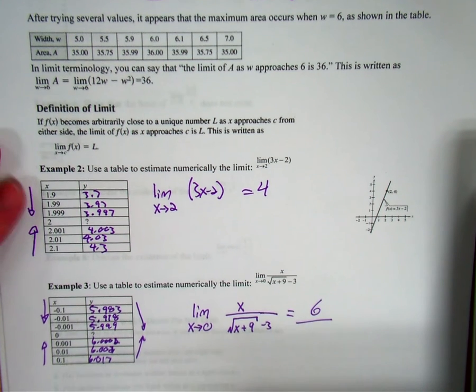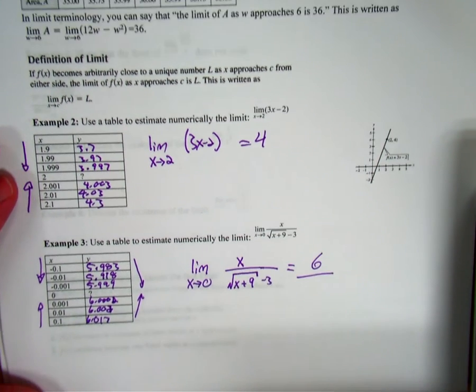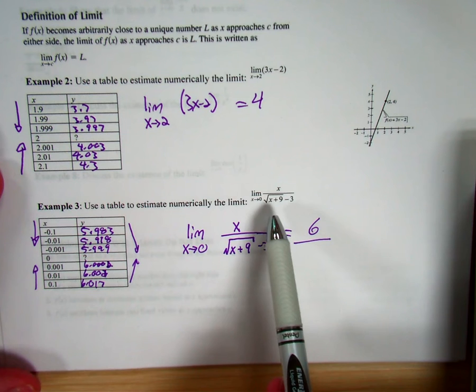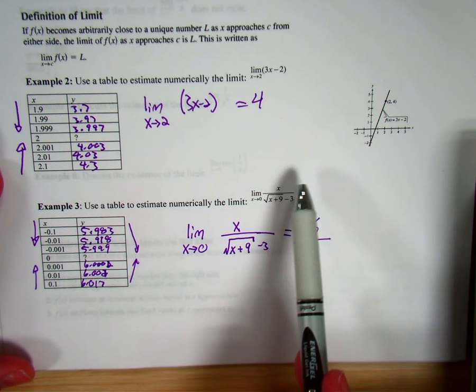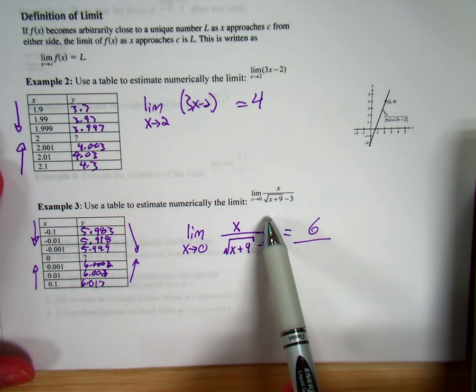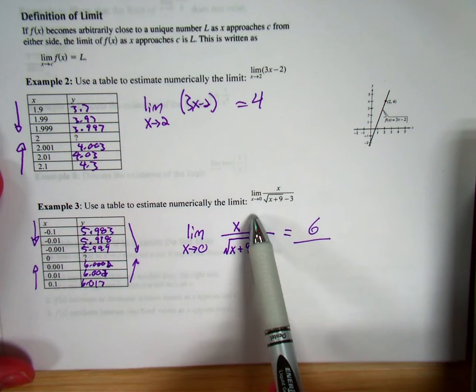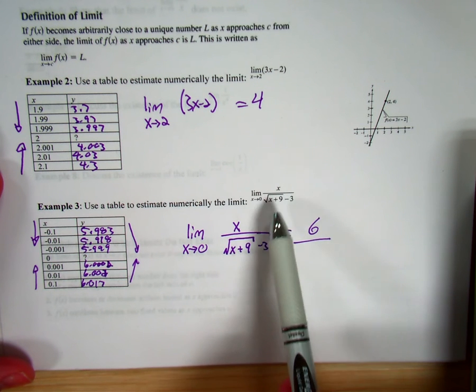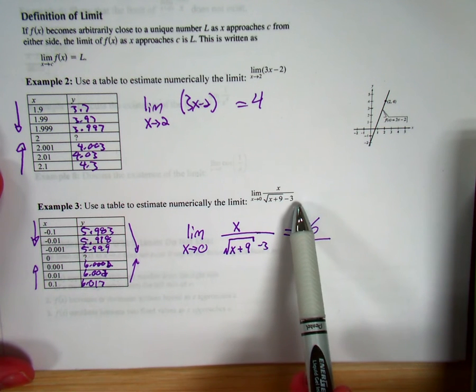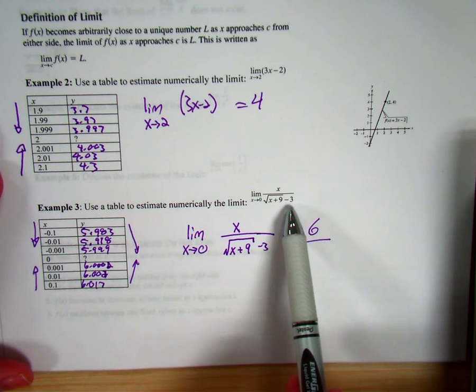But then our next one was a bit of a problem. The limit as x goes to 0 of x over the square root of x plus 9 minus 3. If we put 0 in, we get 0 on the top, and then we get 3 minus 3 on the bottom, so we would have 0 on the bottom as well.